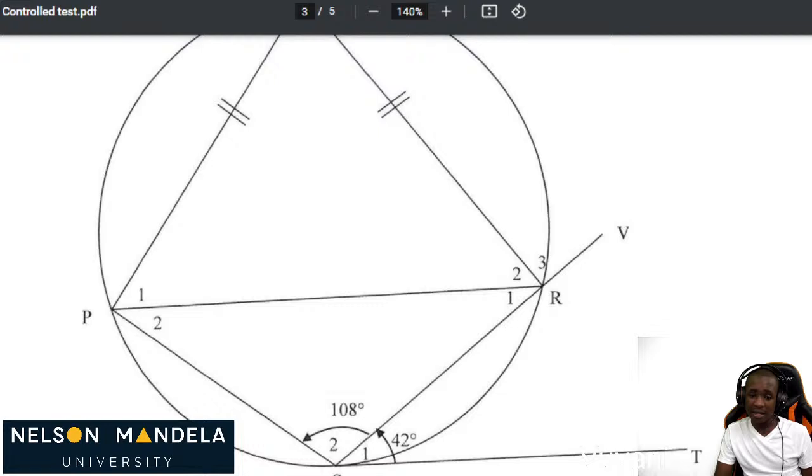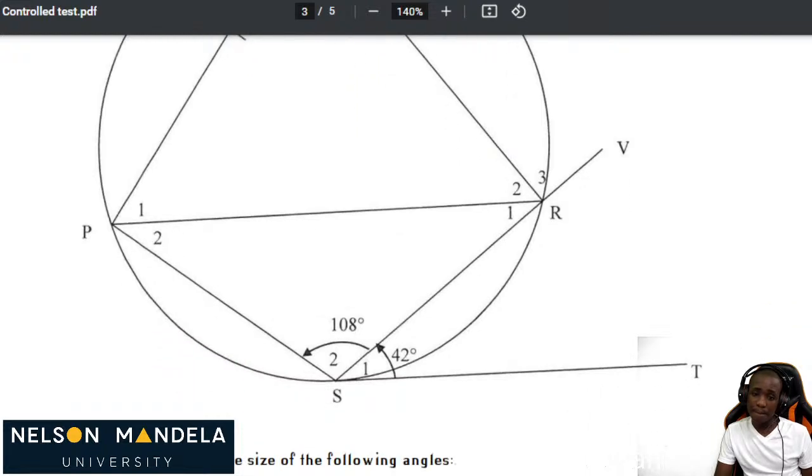Do you see that R3 is the exterior angle of triangle PRS, and it can also be an exterior angle of a cyclic quad? Do you see the cyclic quad? So basically, we can also say that it is an exterior angle of a cyclic quad.